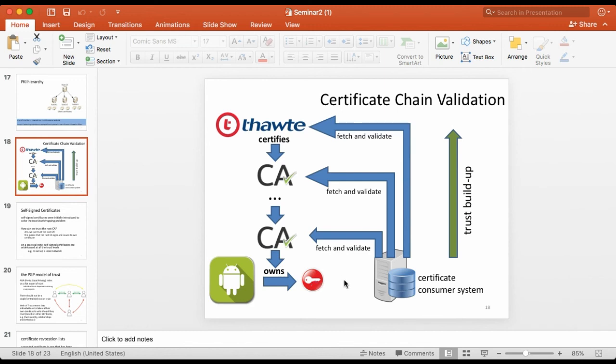However, on a more positive note, you hopefully will at some point in the chain hit a certification authority that you will trust, and then you convince yourself that indeed Alice or Bob own this particular public key. So the higher we go up the chain, the more we're building up trust. Okay, so we're building up trust upwards.